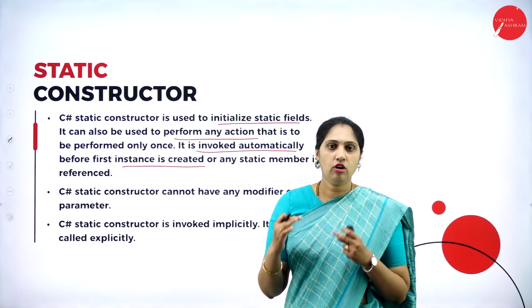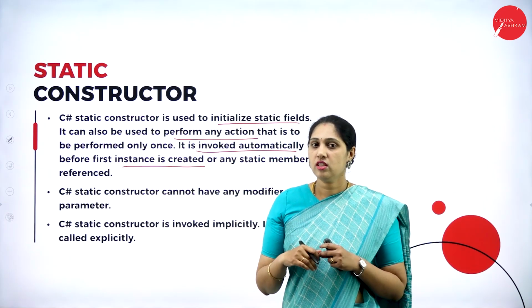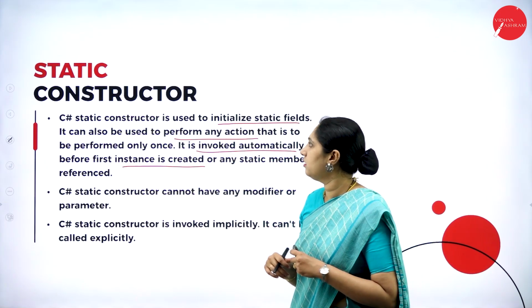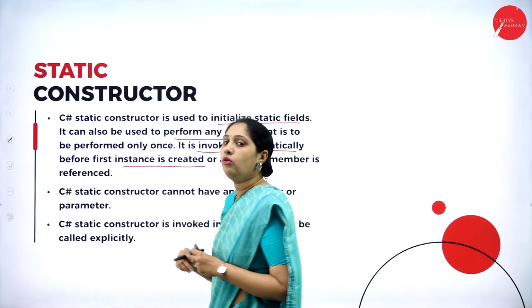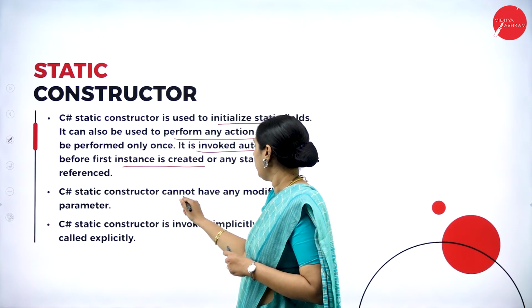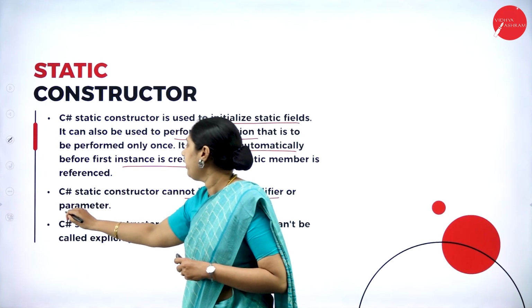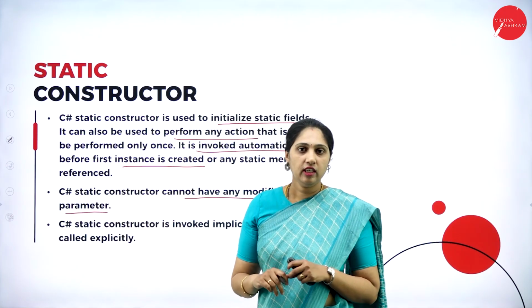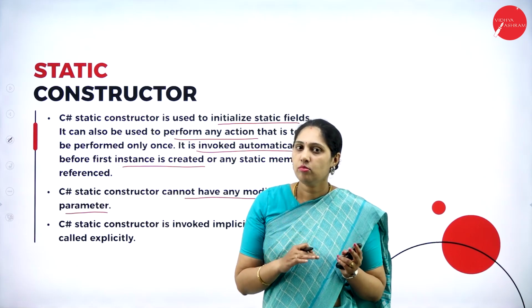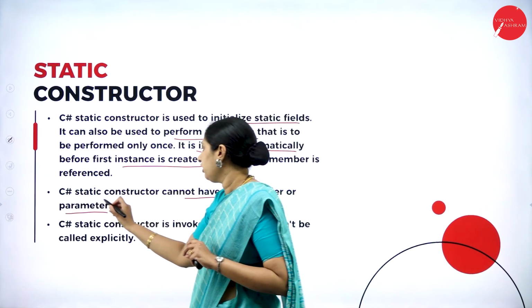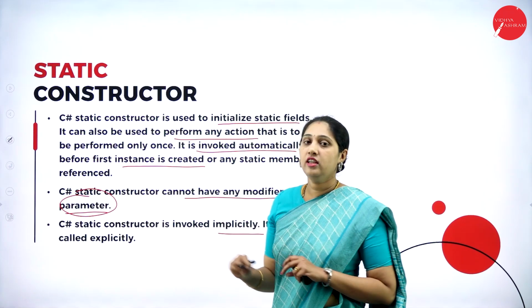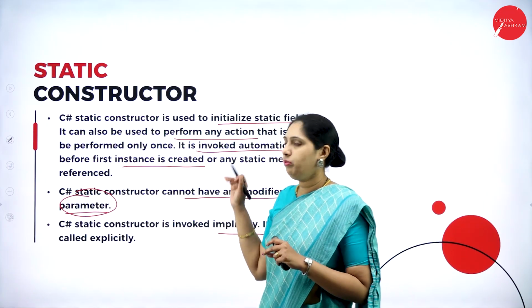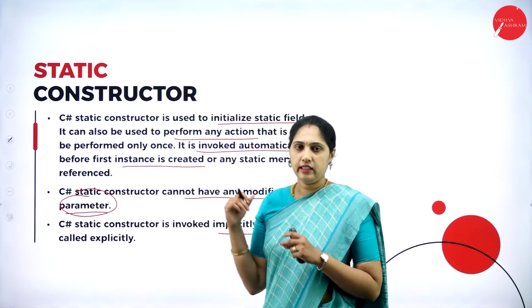Before we create an object, which constructor? The static constructor is invoked automatically. It cannot have any modifier or parameter. So a static constructor cannot have an access modifier or arguments. It is invoked implicitly. These are the points to remember for static constructor.